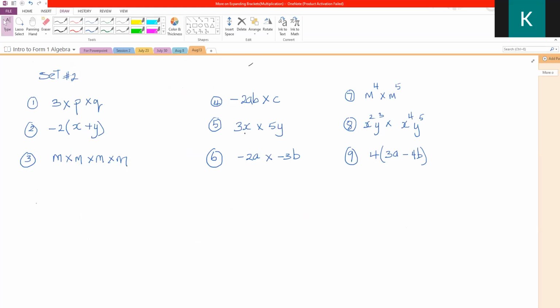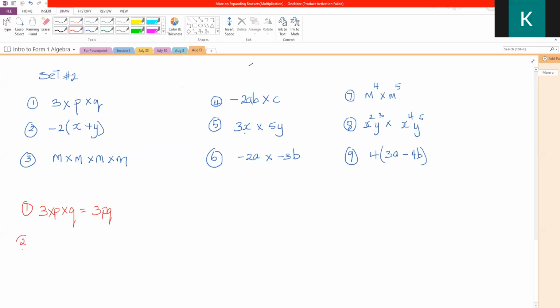All right, so we're looking at the second question set here, solutions to them. The first one, we have 3 by P by Q. Right, remember when we multiply and we're combining together the letters, there are no numbers to multiply here, right? The 3 would remain.